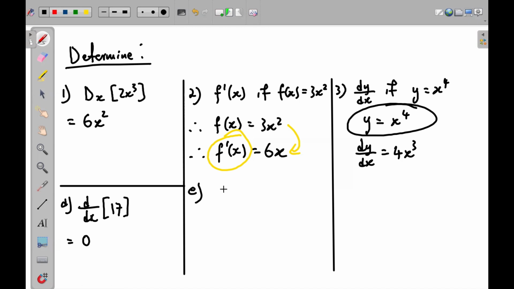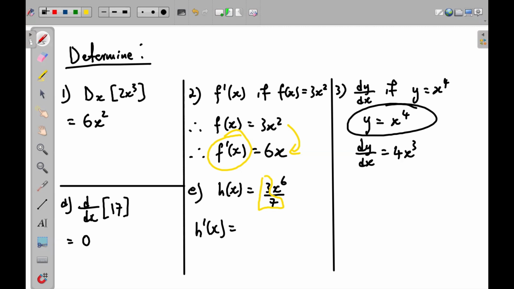Let's take h of x is equal to 3x to the 6 over 7. Now, if I want to find h prime here, it's important to note that the coefficient is the number 3 over 7.